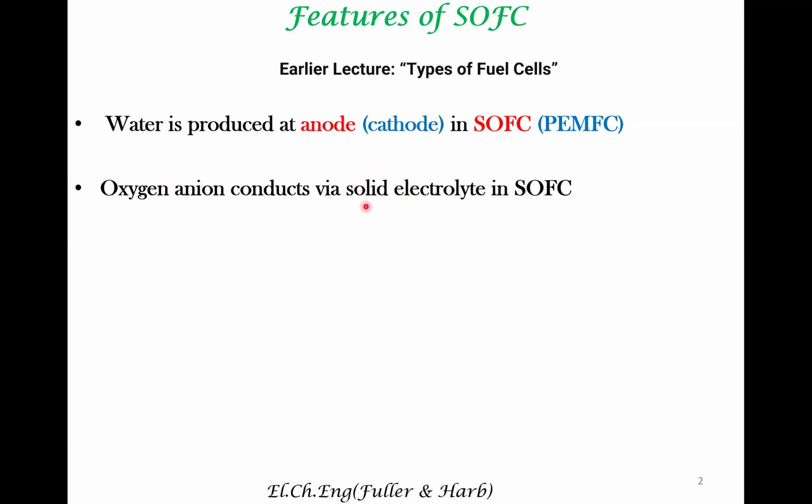And typically, the conductivity that you can get from an oxygen conductor is always less than the conductivity that you can get from a proton conductor. But SOFC has an advantage of operating at rather high temperatures, which significantly enhances ion conductivity.